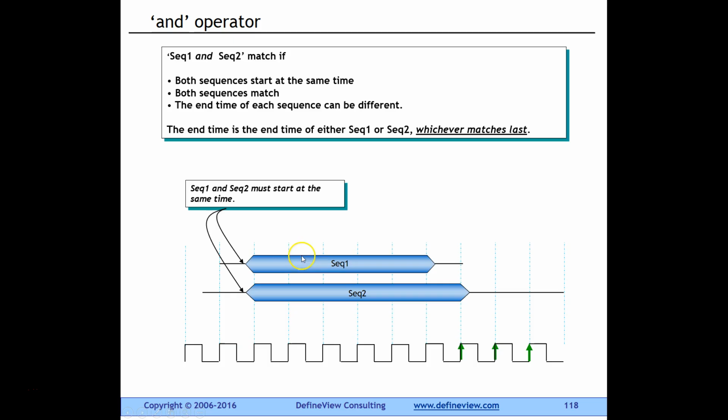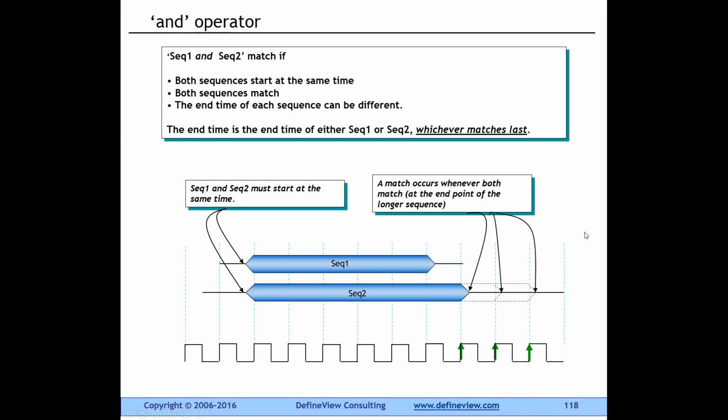So here in this particular example, both sequences must start at the same time. Let's say we wait for sequence 1, and we need to make sure sequence 1 matches. We also need to make sure sequence 2 matches, and sequence 2 can be longer, or sequence 1 can be longer for that matter, as long as they both start at the same time and they both match, as they do here at this clock.